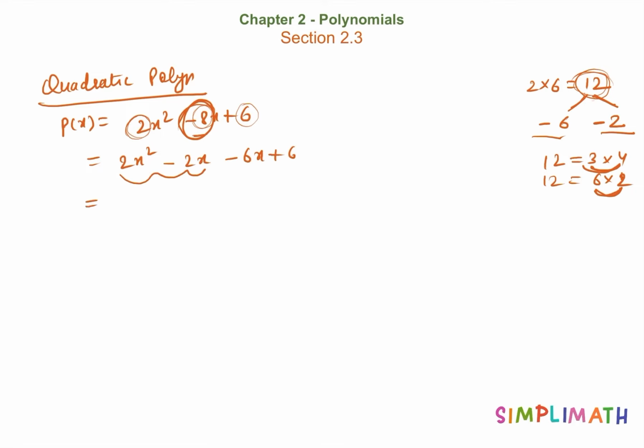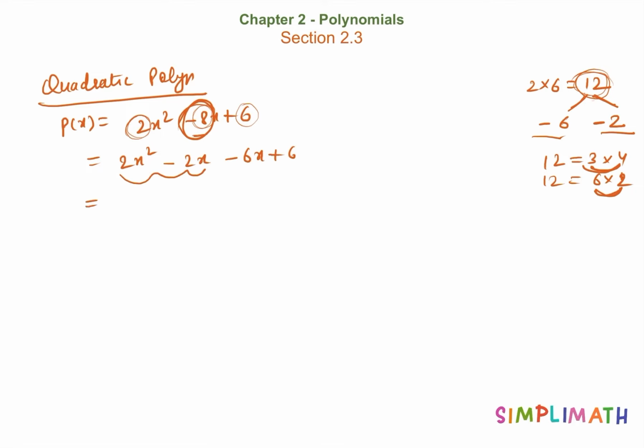It is minus 6, and how are we going to split minus 6? We can say that 6 into 1 or 6 into minus 1 is minus 6, and we can say 5 equals to 6 minus 1. So let's come over here. We can write 5x as 6x minus x minus 2.